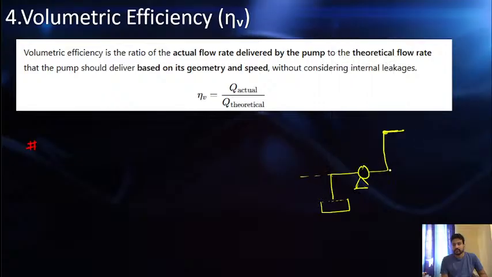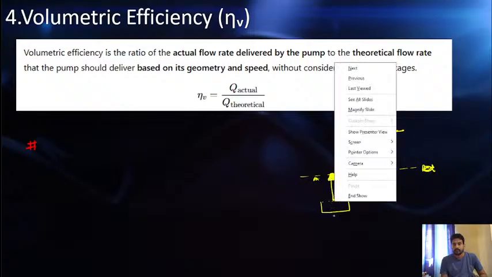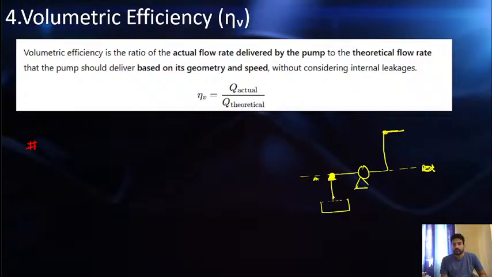Let's suppose this is my suction, this is my reference line. The diagram came out a little wrong.